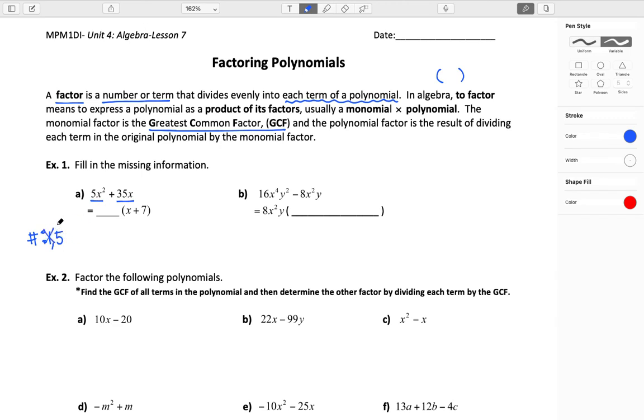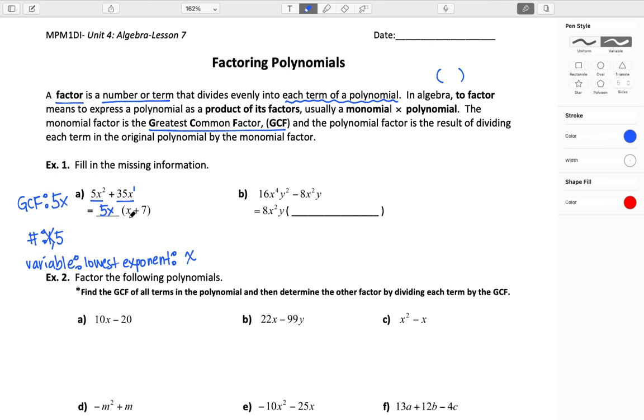Next, for a variable, they have to have the same variable and the lowest exponent. In this case, they both have x, but the lowest exponent is x to the 1, so it's x. So my greatest common factor here is going to be 5x. So you write it down.